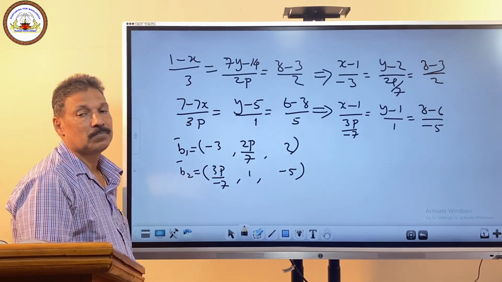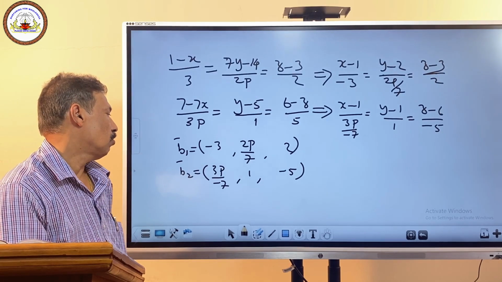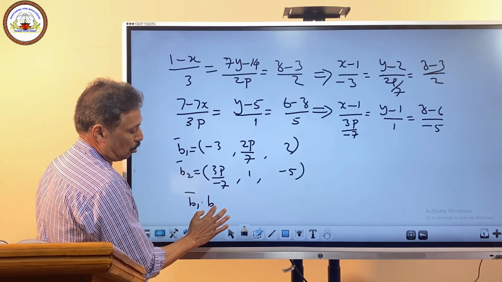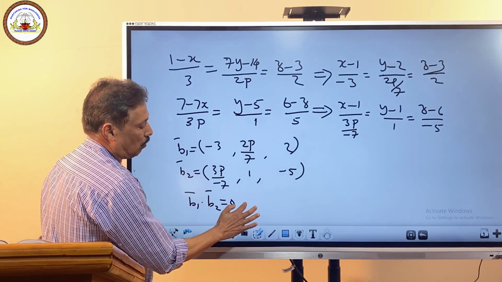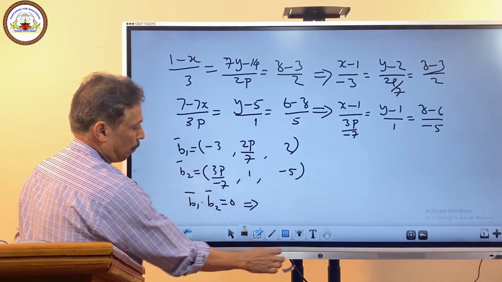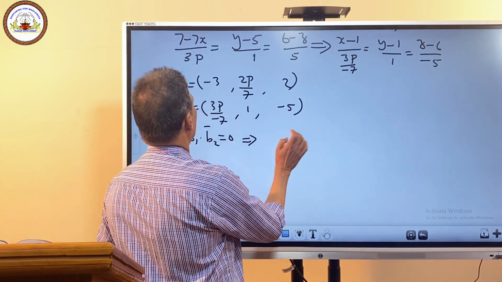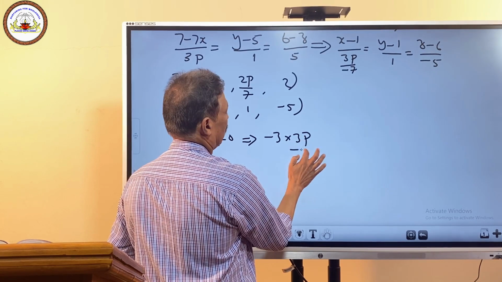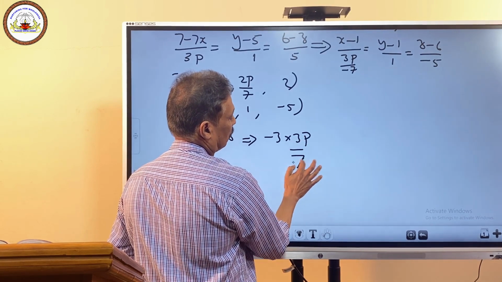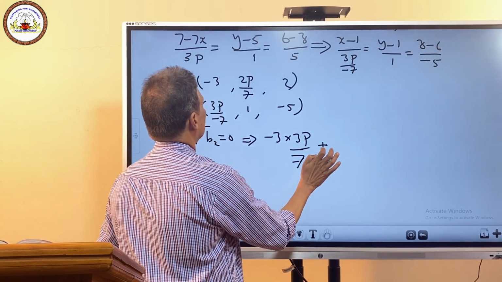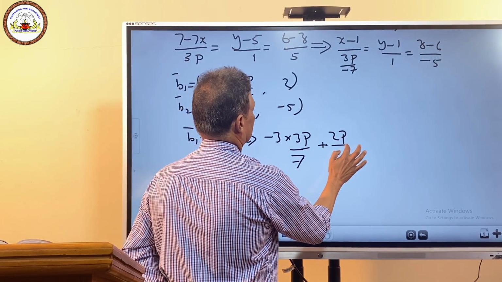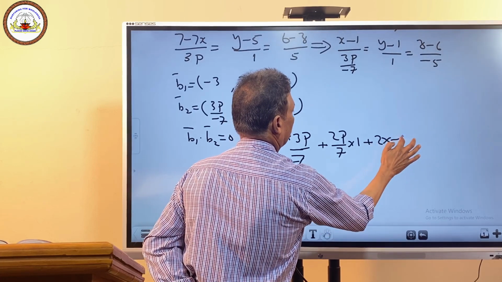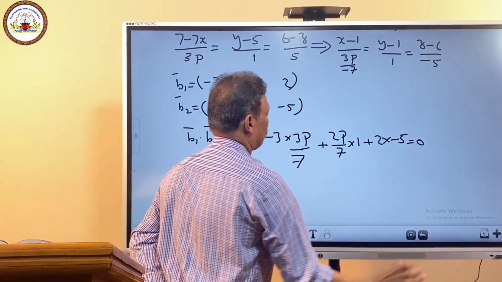The question says these two lines are perpendicular, so the dot product equals 0, that is b1 dot b2 equals 0, which implies -3 into 3p/-7 plus 2p/7 into 1 plus 2 into -5 equals 0.